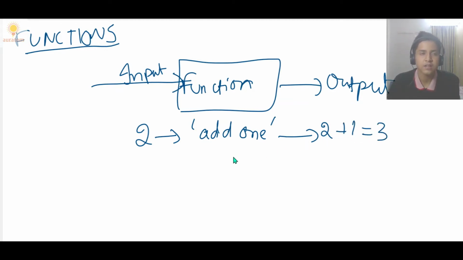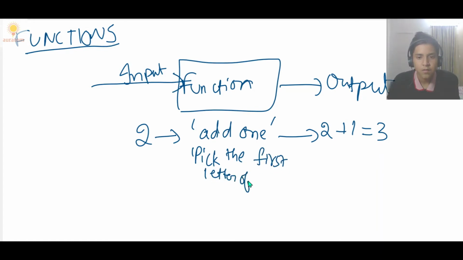Let's take another example. It doesn't only apply to numbers. The function's operation can also be to pick the first letter of the input word, and we give an input, suppose a word like pen.